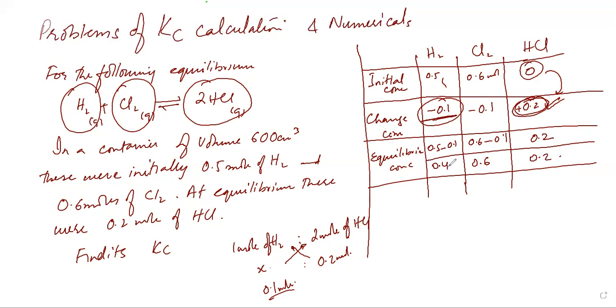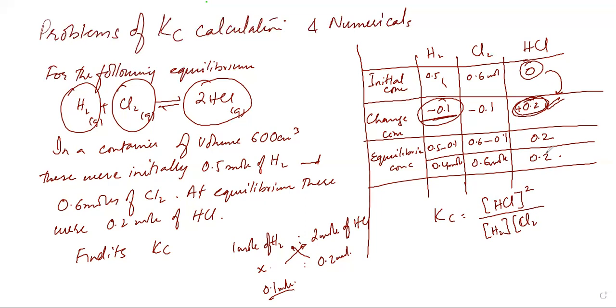So these are the moles. But remember, whenever we do Kc, we deal with concentration, not with moles. So expression appears like this. But right now I need to find out equilibrium concentration. These are equilibrium moles. So how can I find the concentration of hydrogen, chlorine, and HCl?